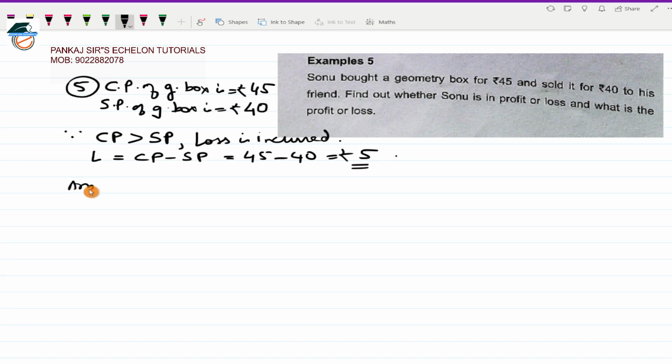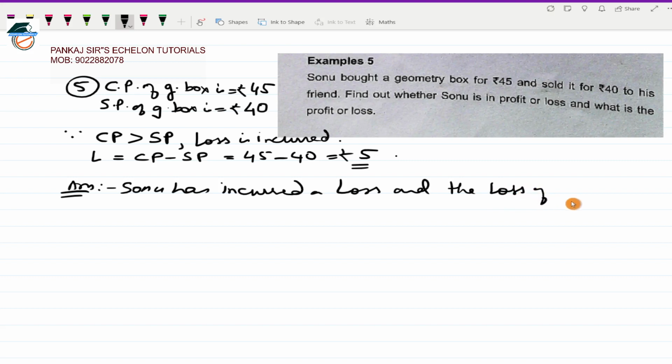Therefore, your answer will be: Sonu has incurred a loss of rupees 5. Is that clear?